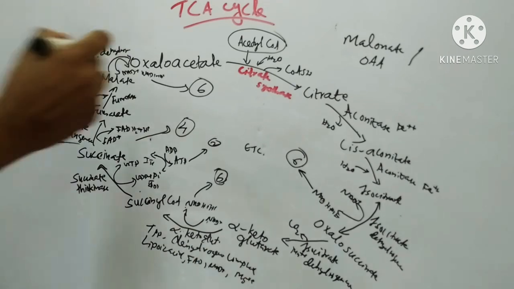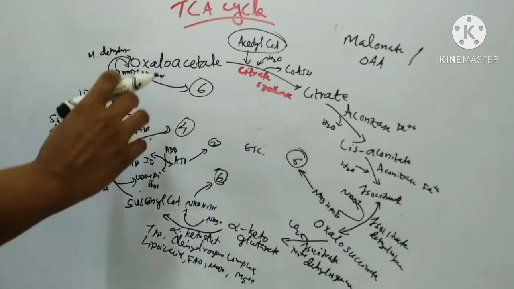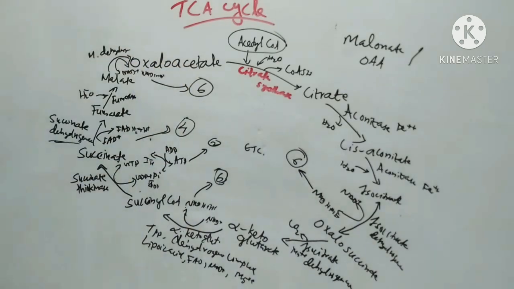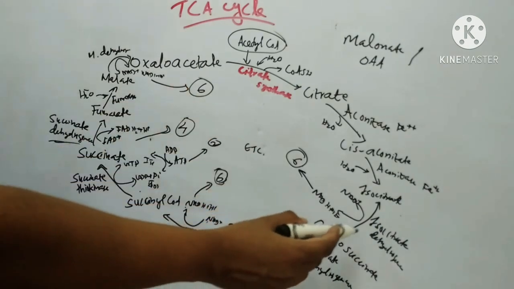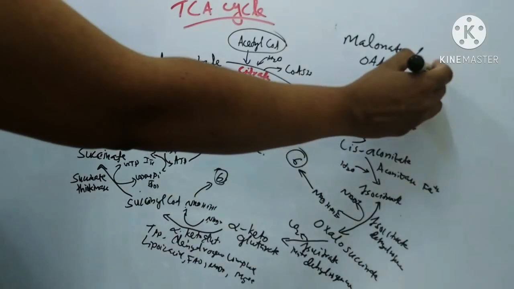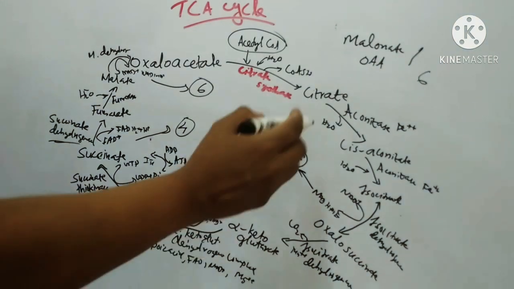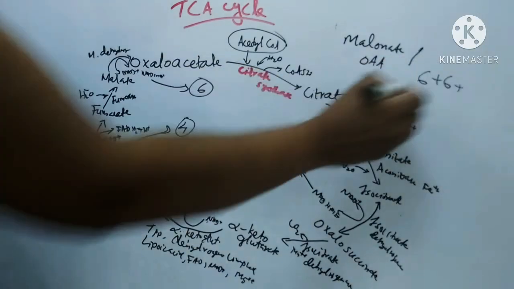The oxidation of NADH through the electron transport chain produces 3 ATP. So from 2 molecules of NADH, it produces 6 ATP molecules. Coming to energetics, isocitrate dehydrogenase gives 6 ATP. Then the alpha-ketoglutarate dehydrogenase reaction is also 6 ATP.